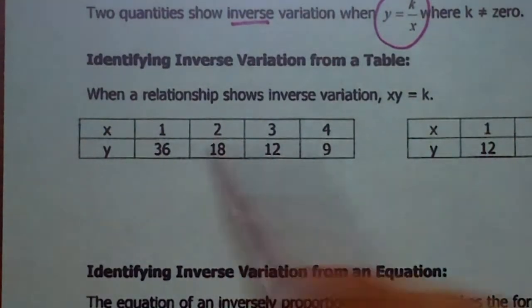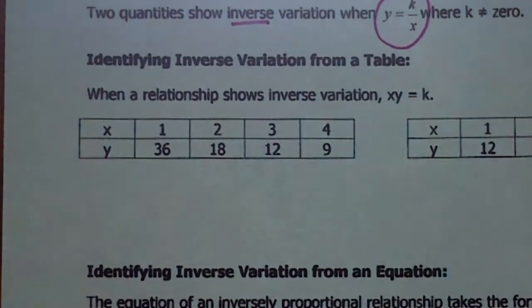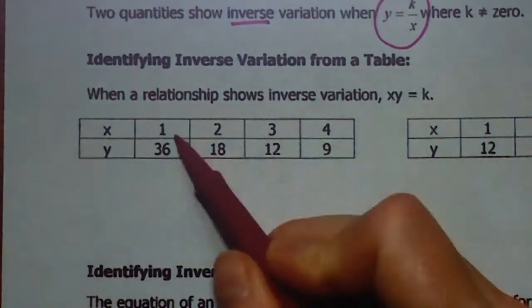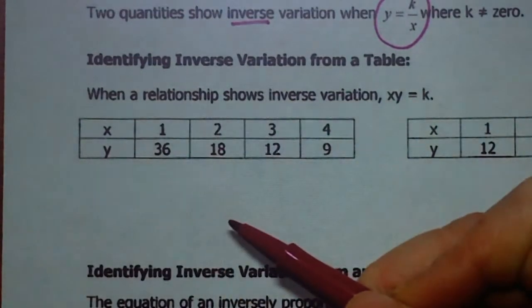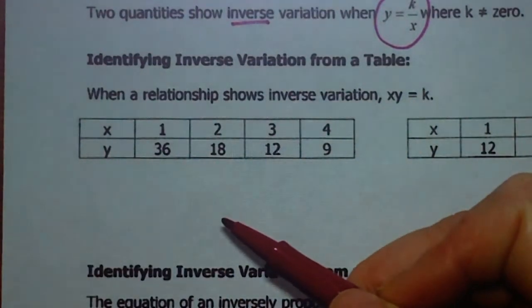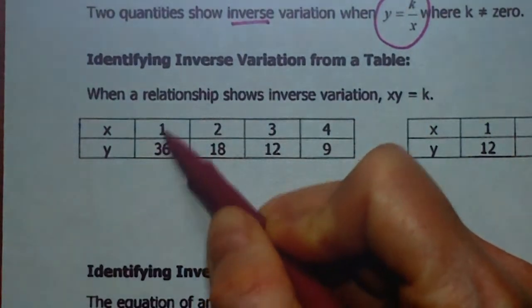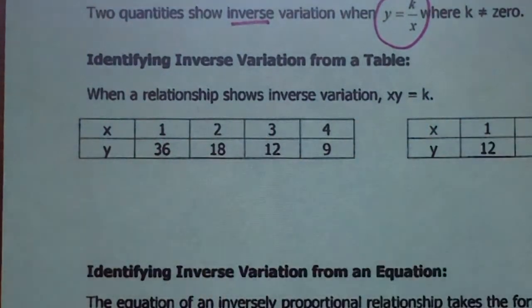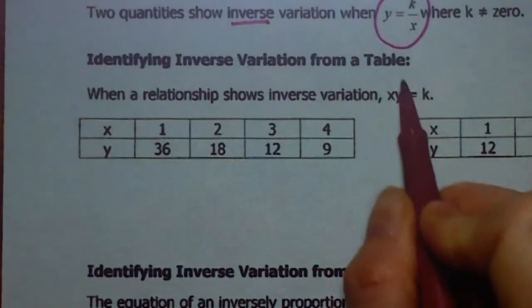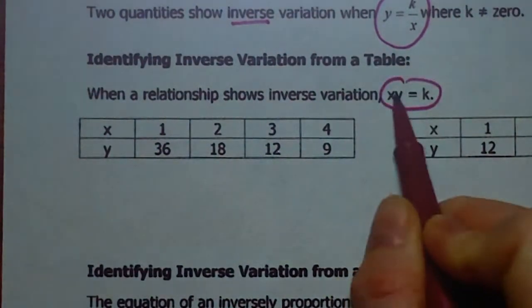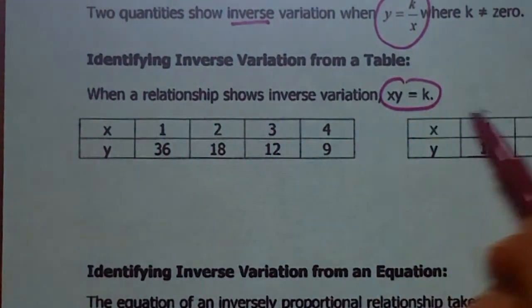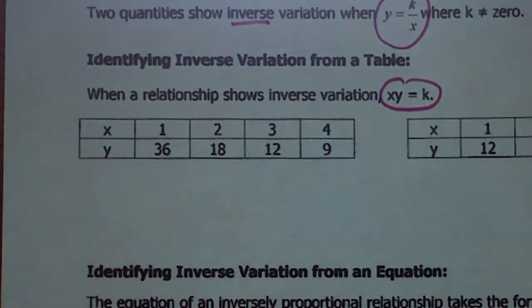In terms of a table, when things show direct variation the cross products were equivalent. If something is inverse, then when you multiply the x by y, you're going to get the same thing every single time. So again, when x times y gives you k every time, there's an inverse relationship going on.